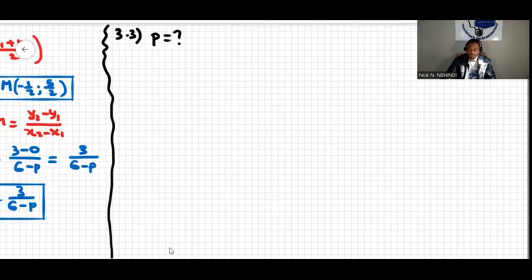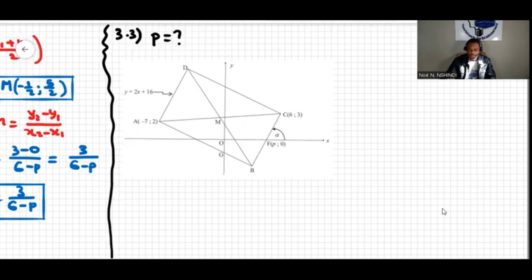So what do we know from the question? Maybe I can post the diagram over here again. We need to find the value of P. Because this is a rectangle, the opposite sides are parallel. So this side is parallel to that side, and we also know that parallel lines have equal gradients.